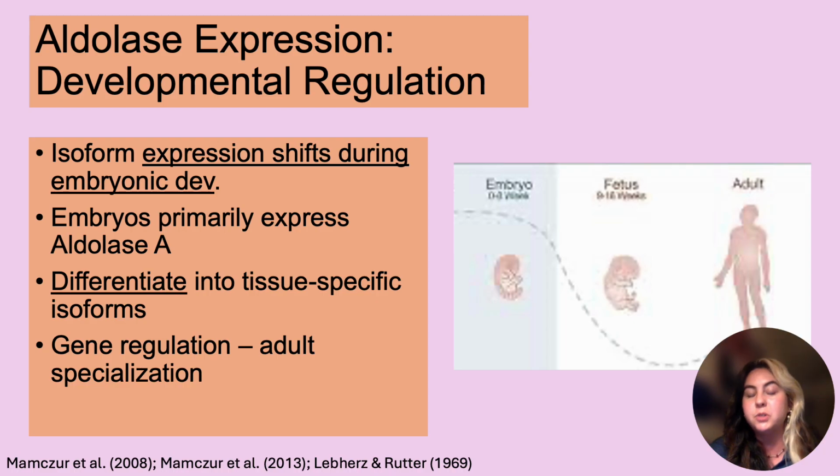Then as tissues mature, a programmed shift is going to occur. In the liver, aldolase A, as we've mentioned before, is progressively repressed and replaced by B, which becomes the dominant isoform right after birth so that it can begin to handle dietary fructose from incoming food sources. As we move into adulthood, we're able to see everything move from A into different differentiated tissue-specific isoforms.